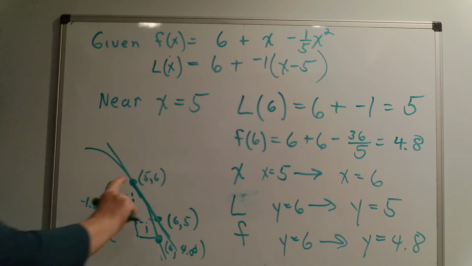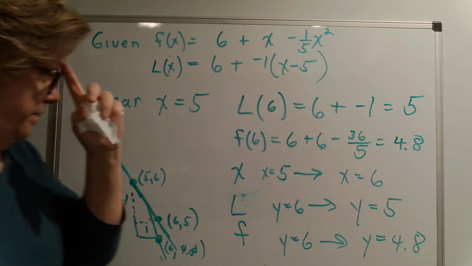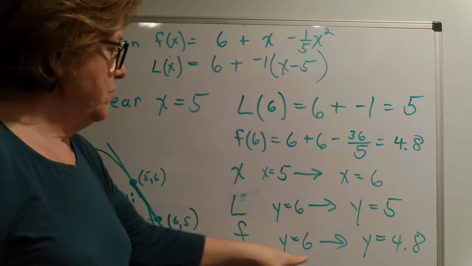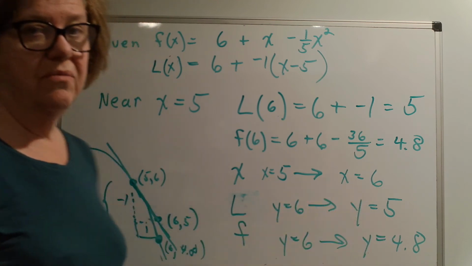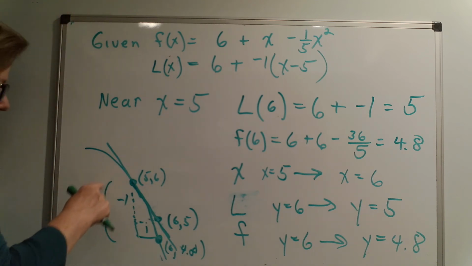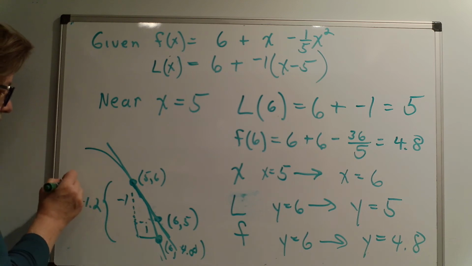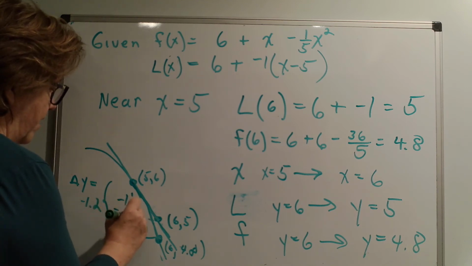That's the actual amount we dropped, because we went from 6 to 4.8. In our approximation, we went from 6 to 5. So we call this actual change in y delta y. That's the actual change in y. What do we call the estimated change in y? We call that dy.